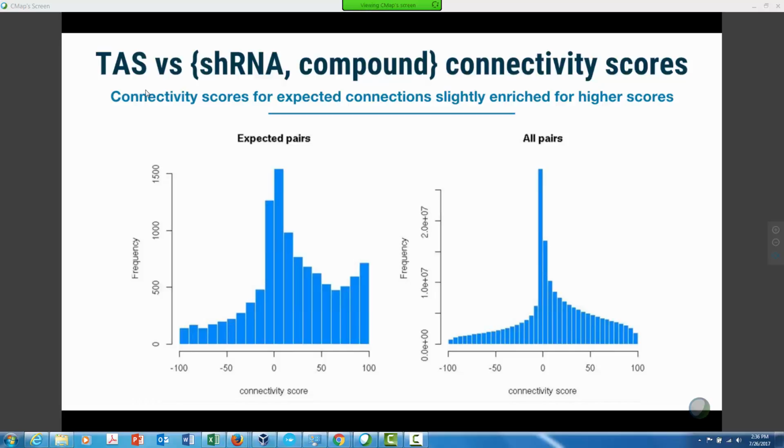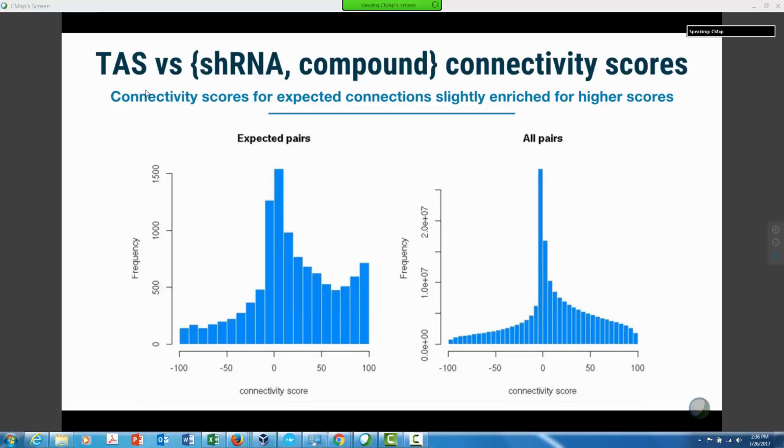So these two plots show you that the connectivity scores for expected connections, for shRNA and compound signatures that are targeting the same gene as the sgRNA signature that I queried, are slightly higher than what we would expect overall. The overall distribution is the one at right, and the one at left is the connectivity scores of the expected connections only. Does that make sense? Great.